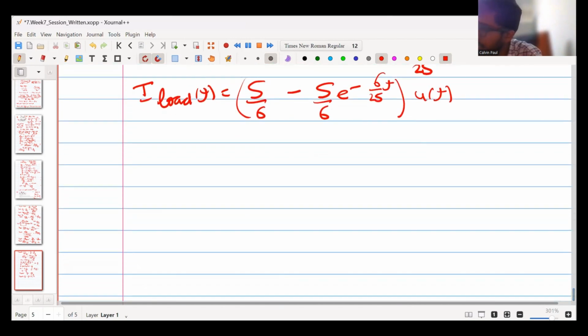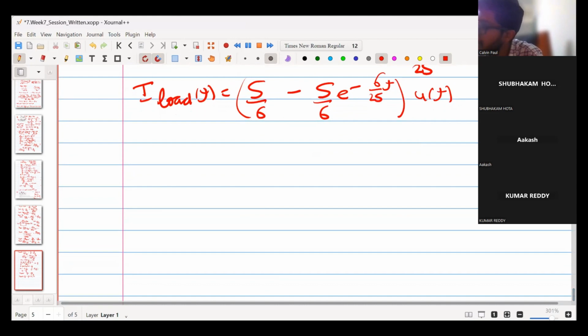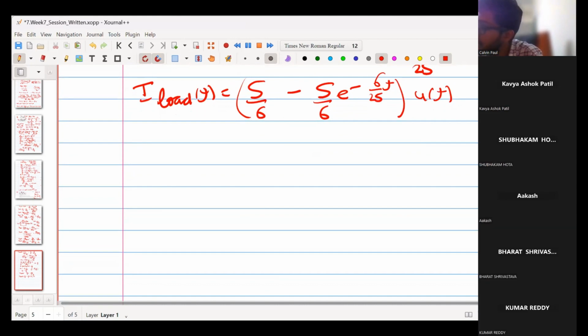So let me just ask all of you guys. Shubhaka Mohta, what are you currently doing? You're planning to give GATE? Yes, sir. What about Kavya?